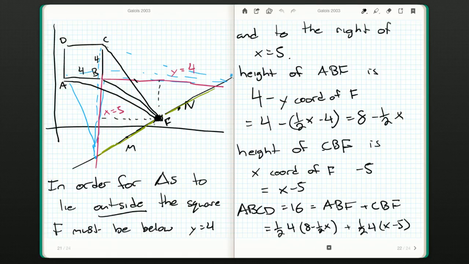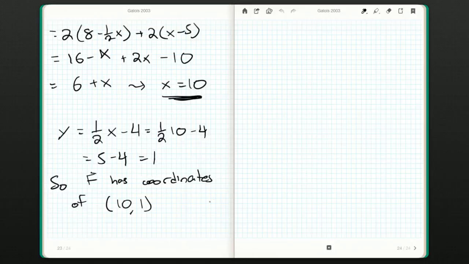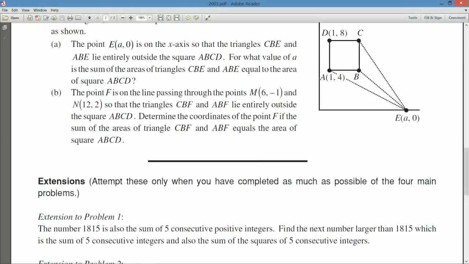So this point F definitely does make sense, and we could go a little further and actually calculate with those heights the individual values of the areas ABF and CBF, but I think we've done enough. So we have 10, 1 as the coordinates of F, and I think that's all we were asked for.